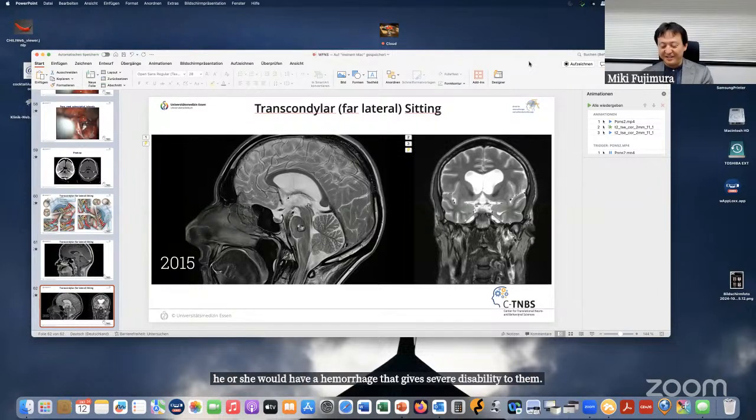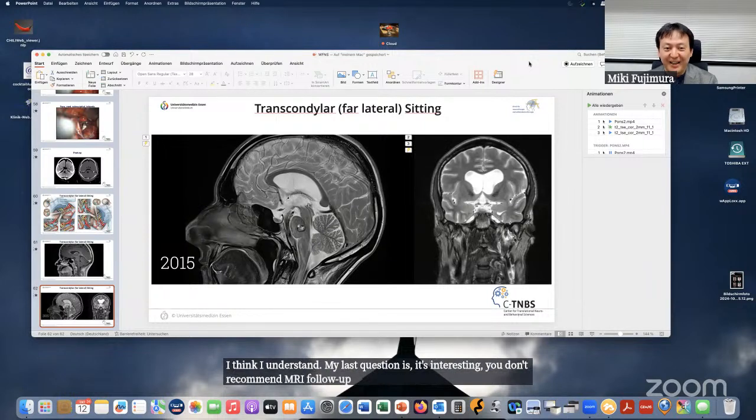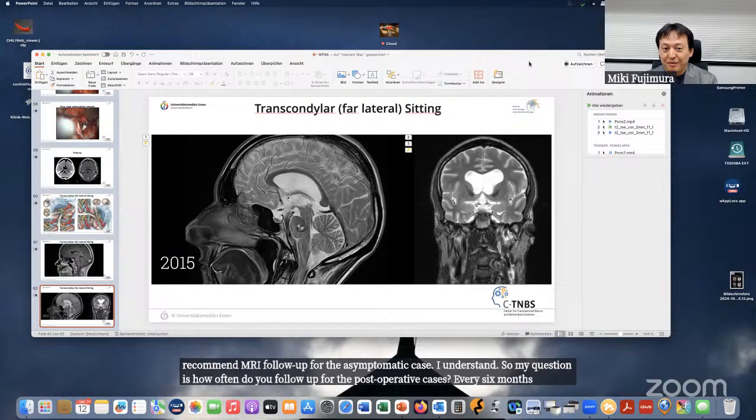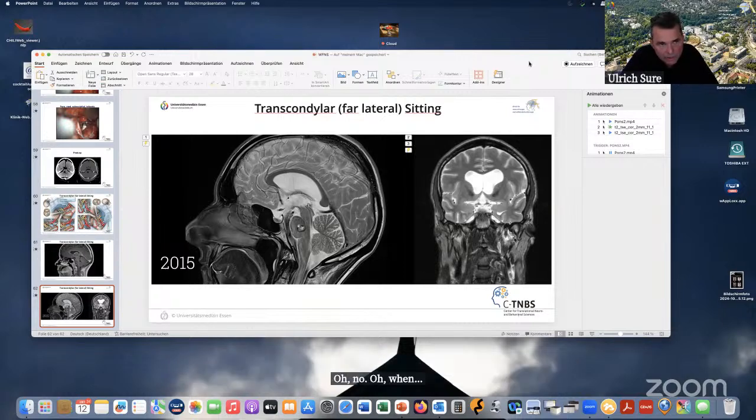Thank you. I understand. My last question is, it's interesting, you don't recommend the MRI follow-up for the asymptomatic case. So my question is, how often do you follow up for the post-operative cases? Every 6 months, or maybe it depends on the surgery? No. For the post-operative cases, we follow up after 6 months once.